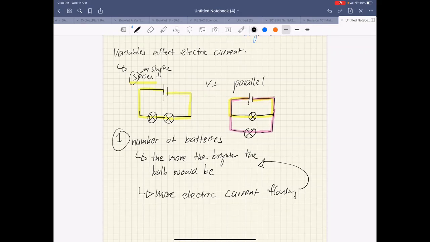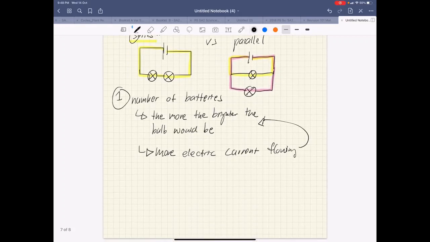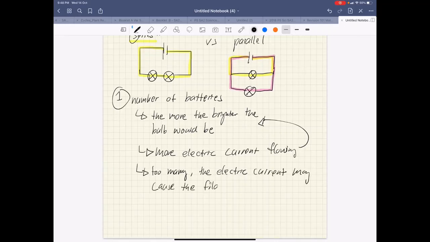Now, take note that if there are too many, the electric current may cause the filament to melt, and this results in your bulb fusing.